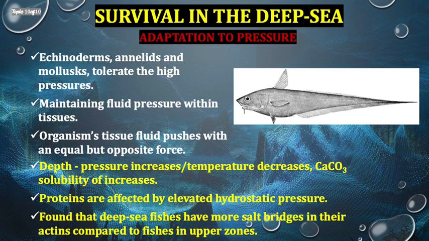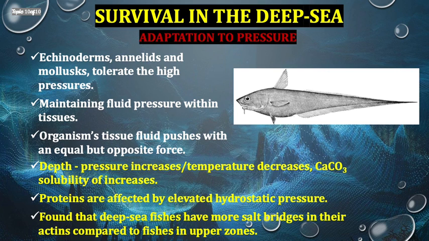One adaptation for this scenario is that some species change the active sites of actin in their bodies, and that also changes the salt bridge pattern of the protein. When they do this, they have more power to stabilize ATP binding in their bodies, and eventually that helps them survive such intense pressure.